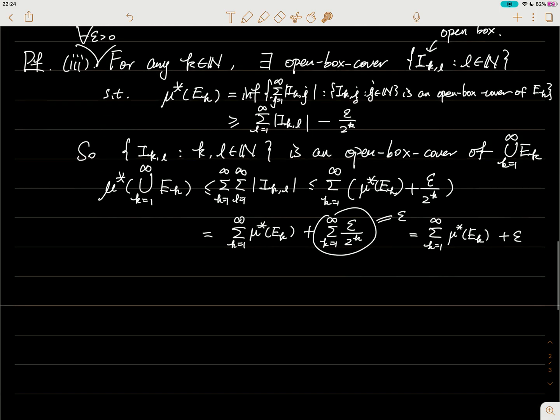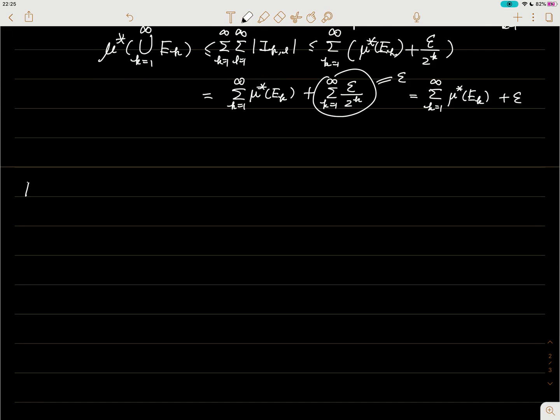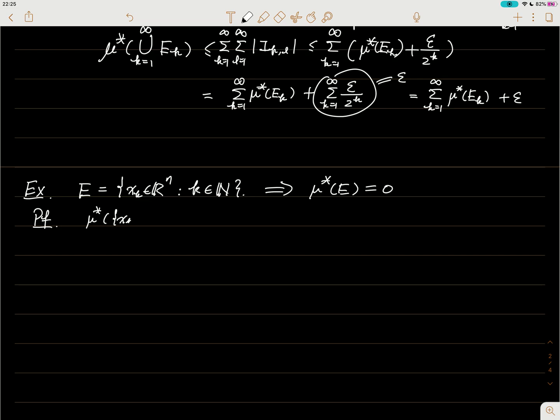Okay, so let's see an example. Suppose I have a countable set E. I claim that the outer measure of E must be 0. The proof is very easy due to the sub-additivity property. We know that the outer measure of each point is 0.